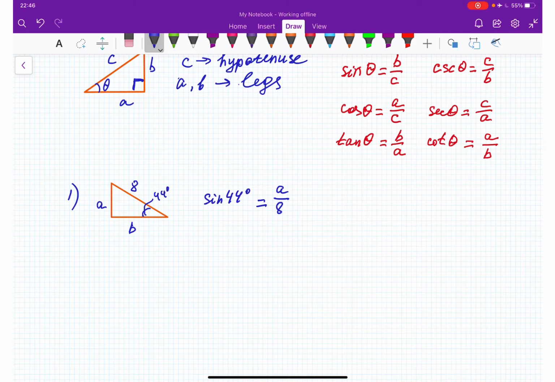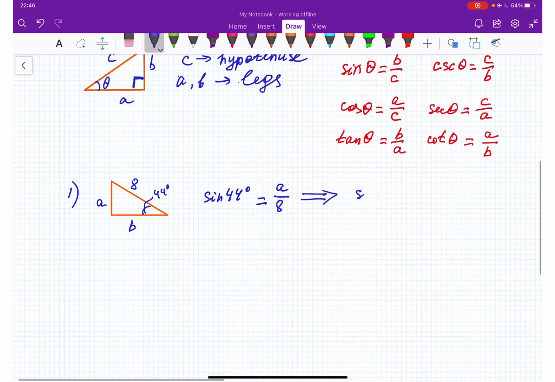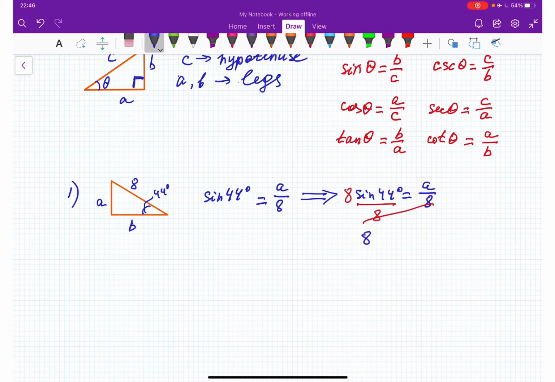So sine 44 degrees equals A over 8. Since this is an equation, to get rid of this fraction, the common denominator is 8, which means I multiply by 8, drop this denominator, and what am I getting? 8 times sine 44 degrees is equal to A.